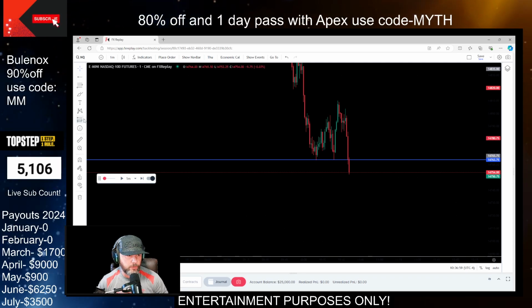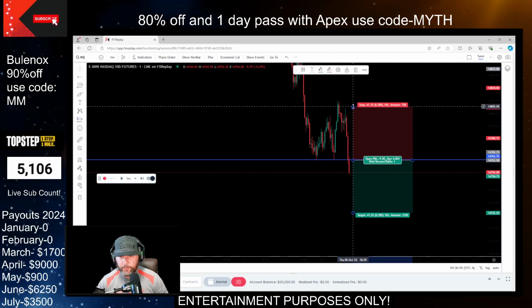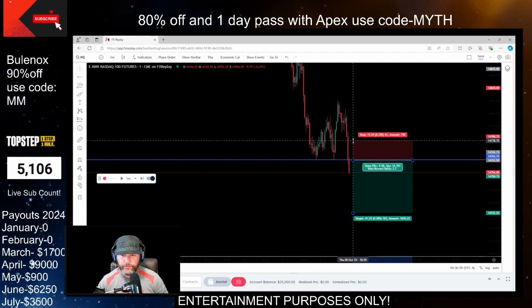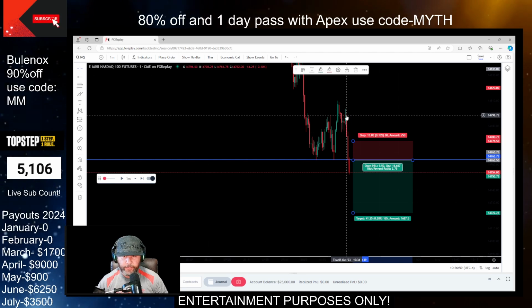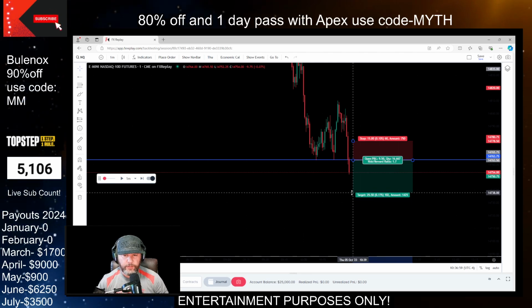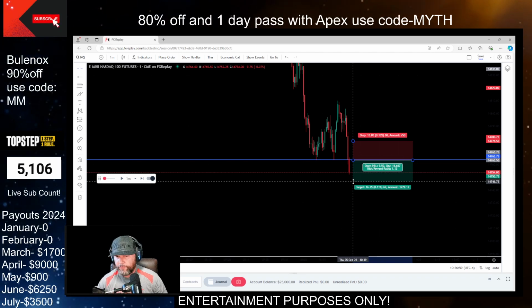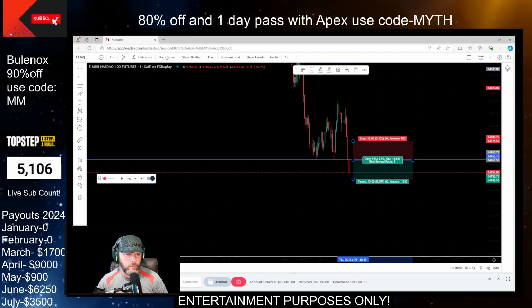So let's get our order on. We'll take a short right there. Again, 1-to-1. And these stops are arbitrary, right? You could see this and say, all right, the stop has to go up here in order for this trade to make sense, right? You could do that. But just for this purpose, we're not going to do that.